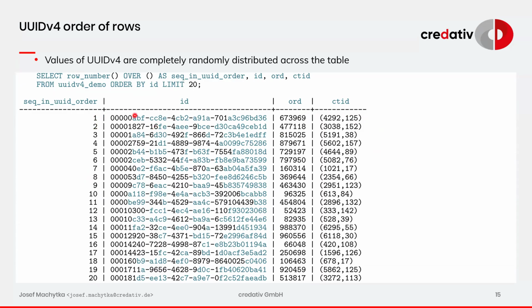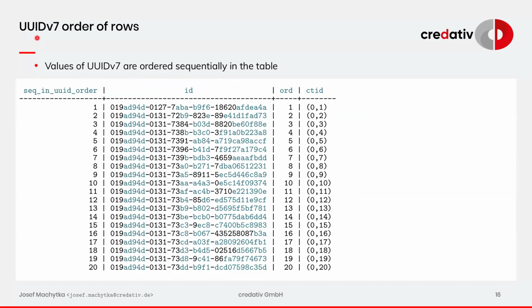So you can see that when we go by order of those UUID version 4, we are jumping completely randomly all over that table. Those numbers are quite badly scattered. So if we would actually address a specific record from that table based on this UUID 4, you can see that this will mean a lot of random I/O.